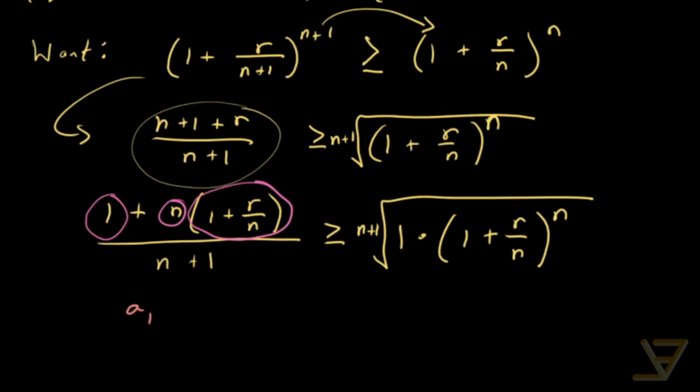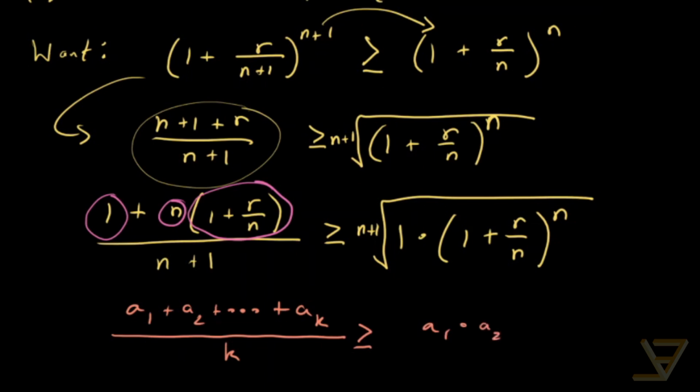It says that a1 plus a2 all the way through to ak, divided by k, is greater than or equal to a1 times a2 all the way through to ak, root k.